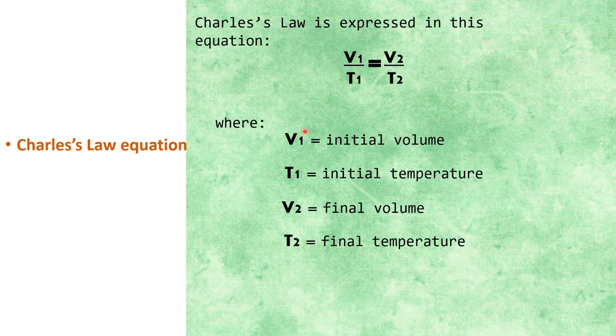Again, lahat ng makikita ninyo na may subscript na 1 refers to the initial condition of the properties of gases. Lahat naman na makikita ninyo na subscript na 2 ay nangangahulugan na final condition ng properties of gases. At yan ang Charles' Law equation.